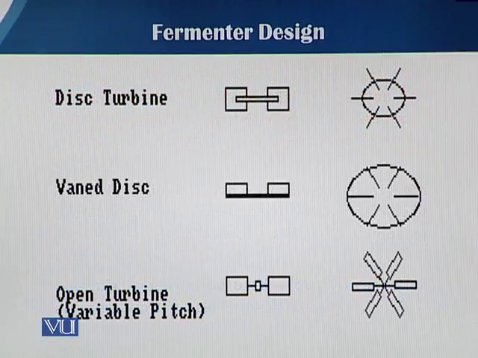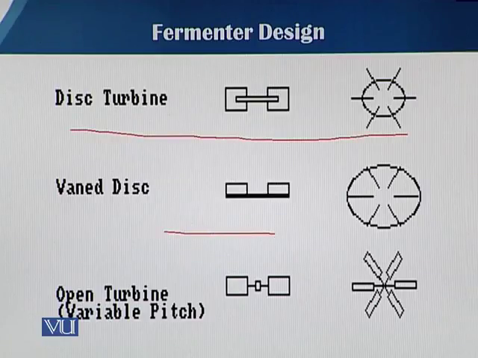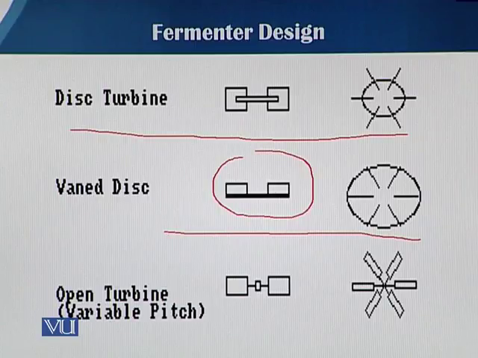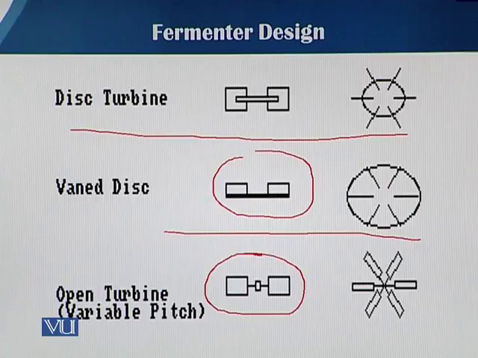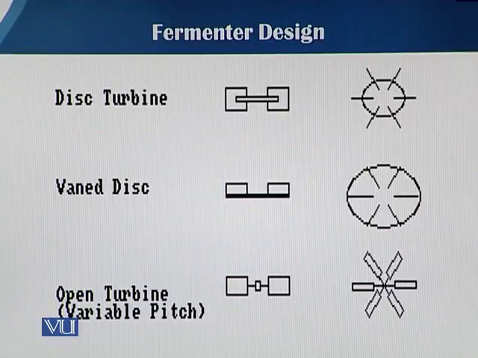In this slide you can see different types of impellers: disc turbine impellers, how they look, and then vane disc, and open turbine. These are different designs of impellers which are mostly used in fermentation.